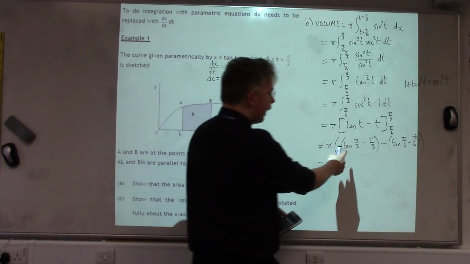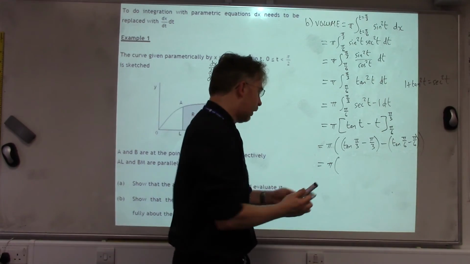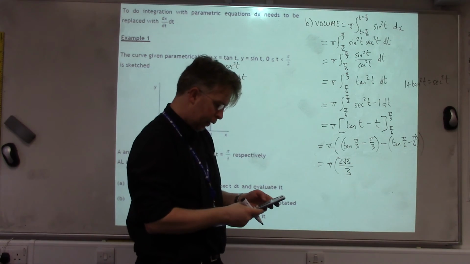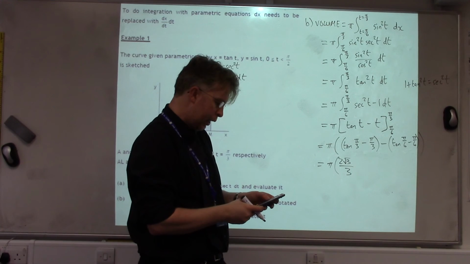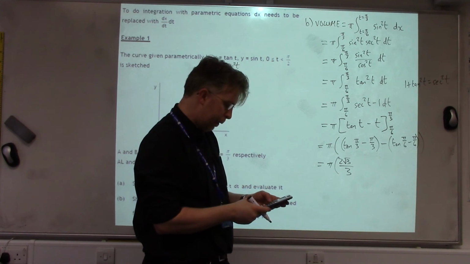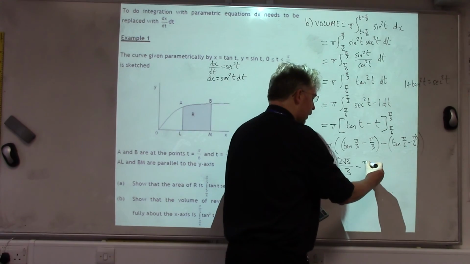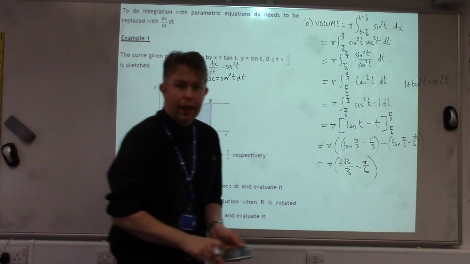And if we just look at the tans, tan pi over 3 minus tan pi over 6 is 2 root 3 over 3. Minus pi over 3 minus pi over 6 gives minus pi over 6. And that's an exact answer.